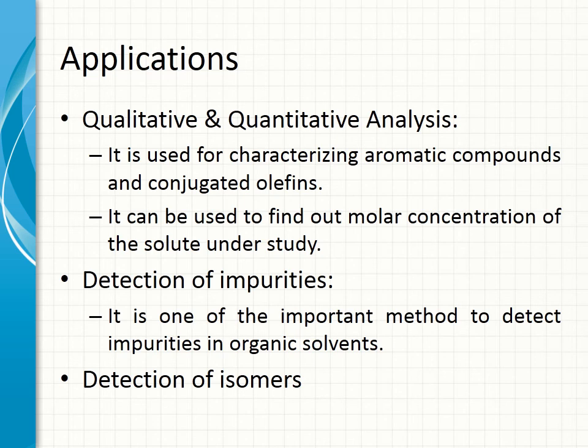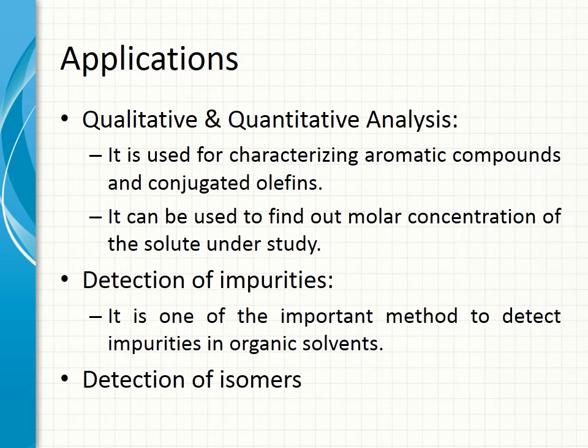Spectroscopy could also be used for the detection of impurities. We have seen previously that every given functional group has a characteristic pattern of absorbance. So if a unique pattern of absorbance for a particular type of functional group is found, that means that particular functional group is present. But if we have a different pattern of absorbance, that indicates that other functional groups may also be present in the given substance.